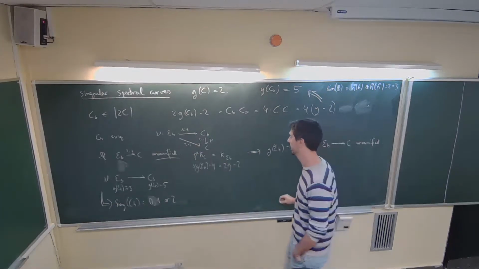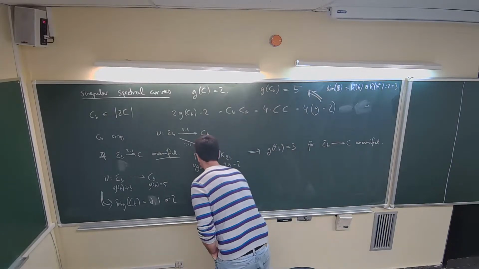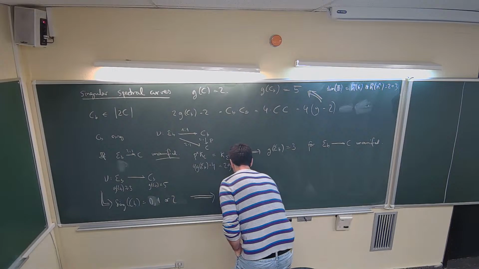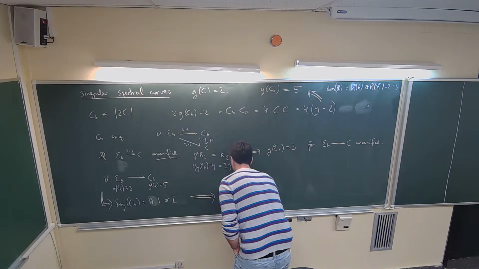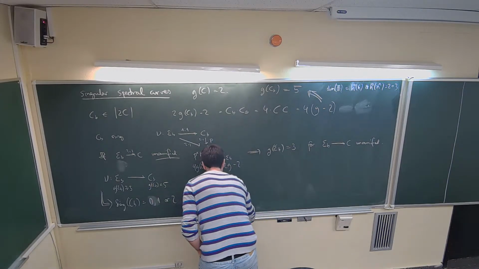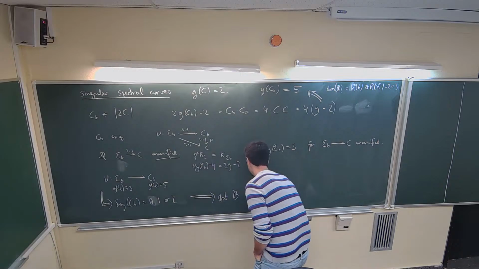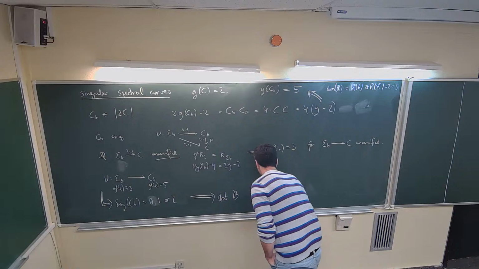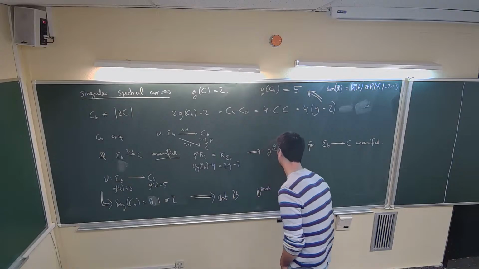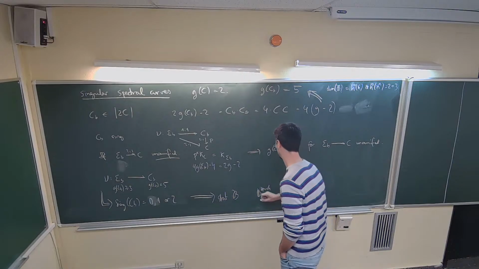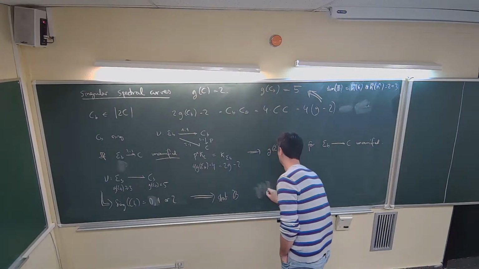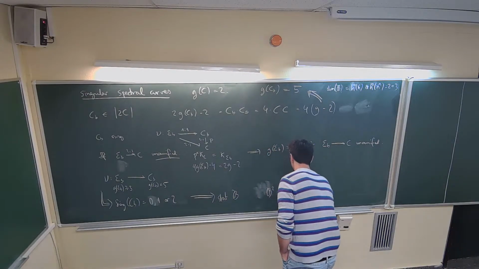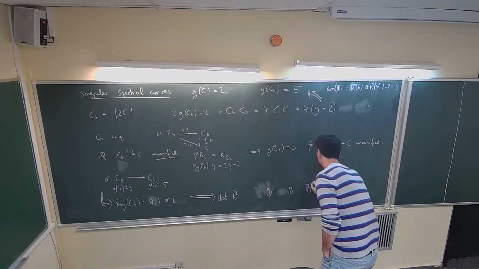Okay, so one can stratify. This gives us a stratification of the Hitchin base in terms of B_0, the smooth part, and deeper strata, B_2, B_1, and B_0.